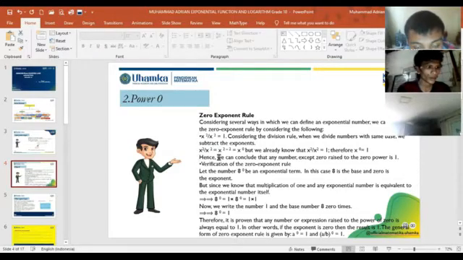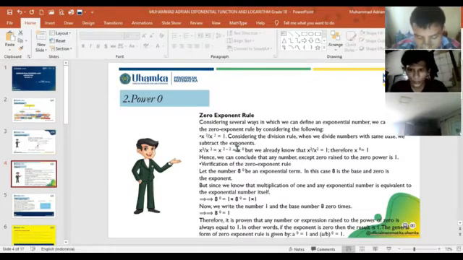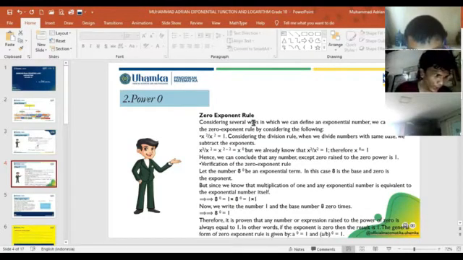X power 2 divided by x power 2 equals x power 2 minus 2, which equals x power 0, but we already know that x power 2 divided by x power 2 equals 1. Therefore, x power 0 equals 1.